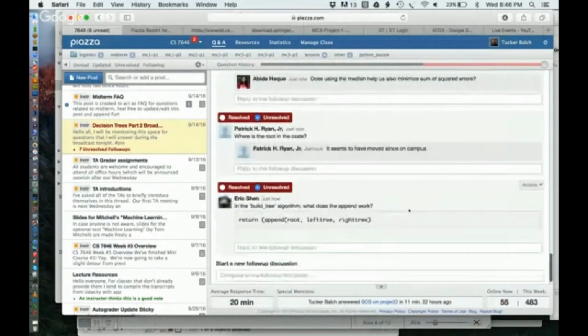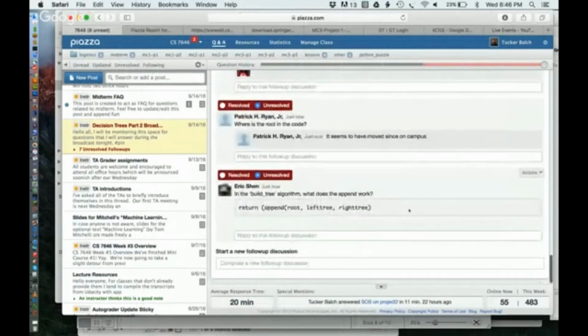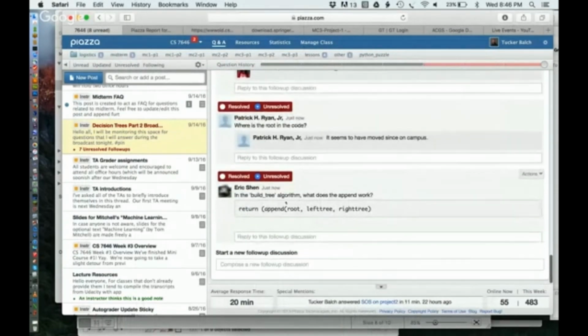In the build tree algorithm, what does the append do? So for ND arrays, look up the documentation for NumPy, and in particular ND arrays, and you'll see what append does.